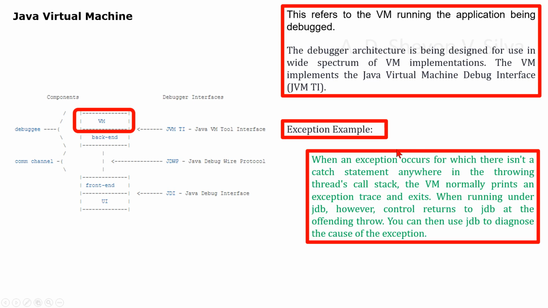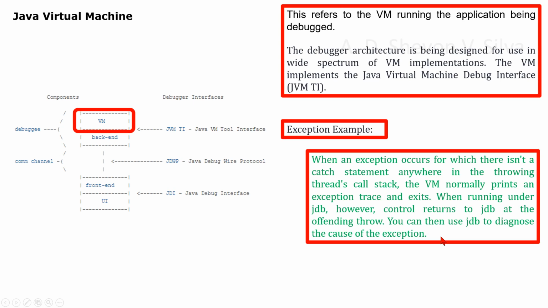As an exception example, we can consider this situation. When an exception occurs for which there isn't a catch statement anywhere in the throwing thread's call stack, the VM normally prints an exception trace and exits. When running under JDB, however, control returns to JDB at the offending throw.